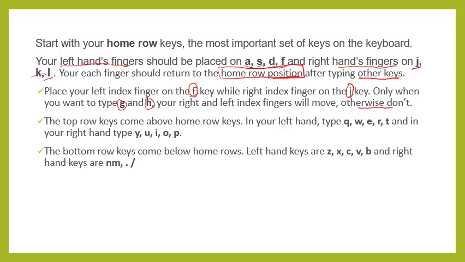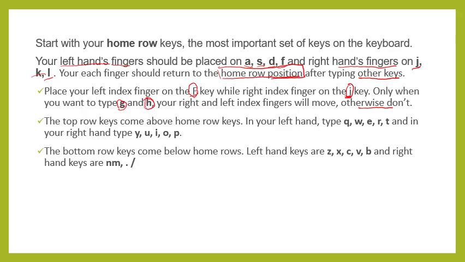Between letter F and J, there are two letters, G and H. When you want to type G, you move the left index finger, and for letter H, the right index finger.